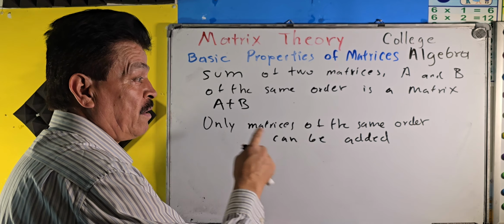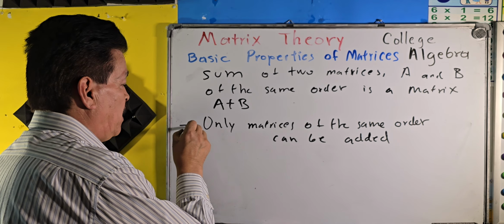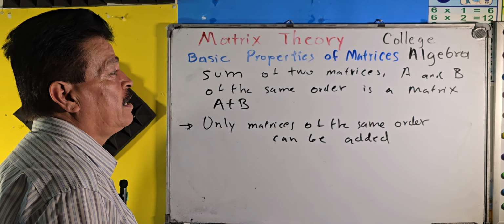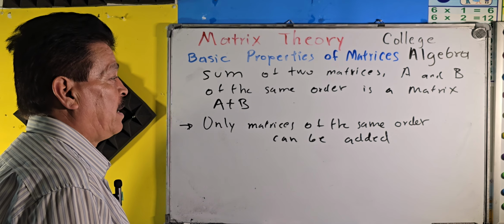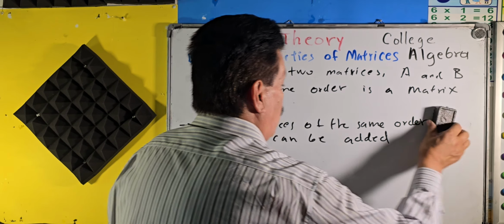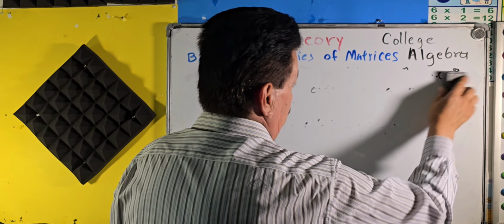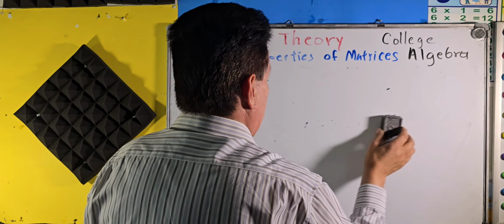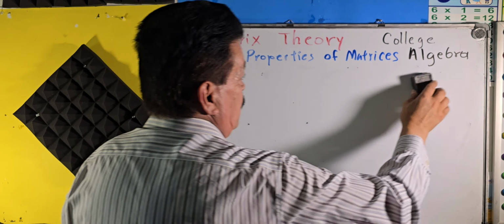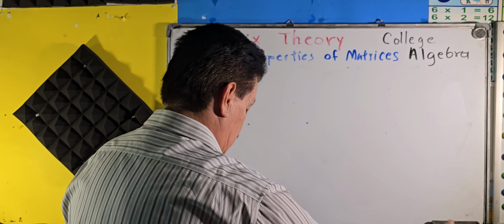So only the same order. This is very important. I think this is the main idea when we add and also multiply matrices. So don't forget this idea, okay? Only matrices with the same order can be added or subtracted. That's the same thing, add or subtract.